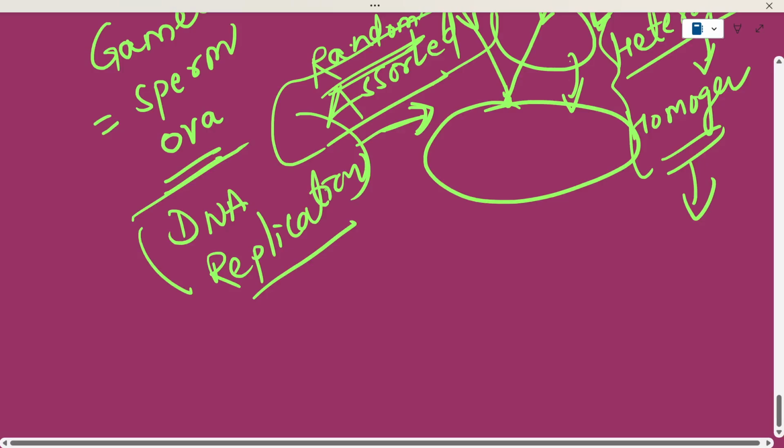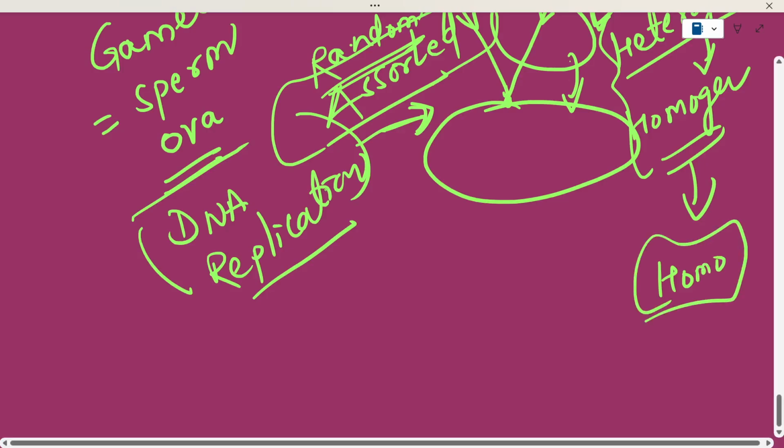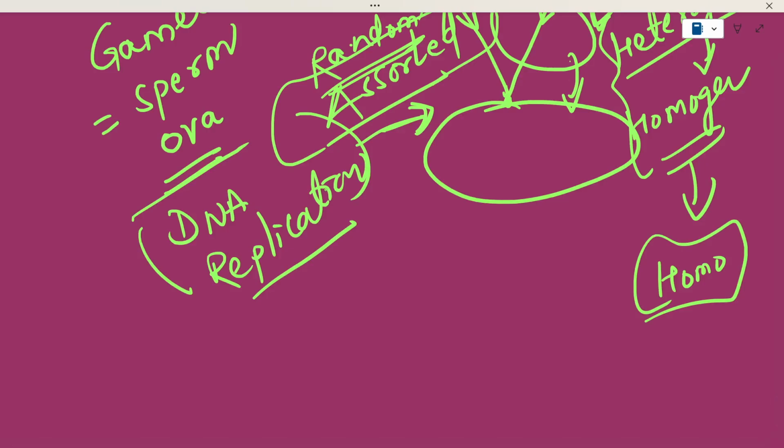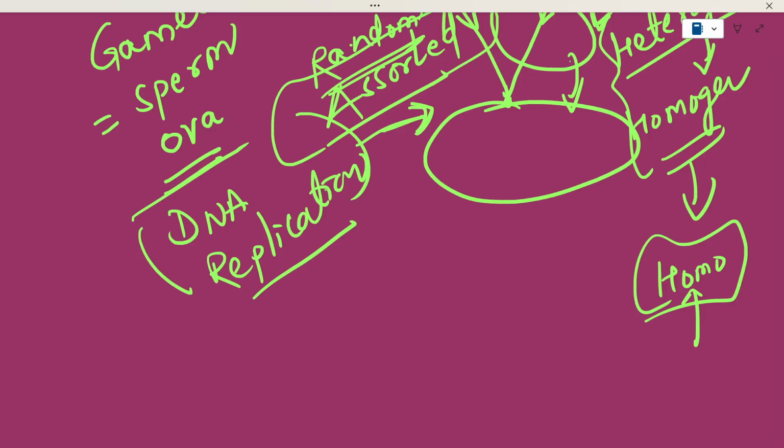And if individuals are homogeneous, then any drastic or inclement event will either save them completely or make them extinct completely. You can understand this.